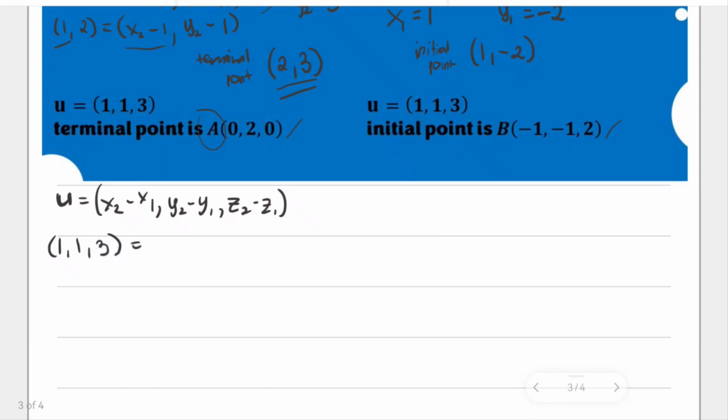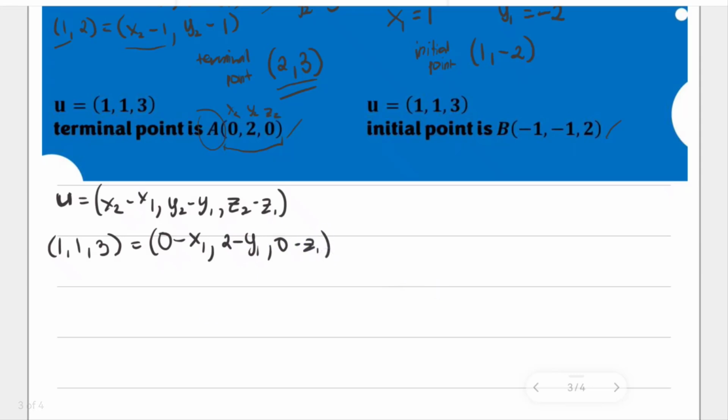Here comes the thing: this is a point on the vector, which is actually the terminal point. So this corresponds to your x sub 2, y sub 2, and z sub 2. Substituting here, you have 0 minus x sub 1. You have y sub 2 is 2 minus y sub 1. And you also have another 0, and then minus z sub 1.